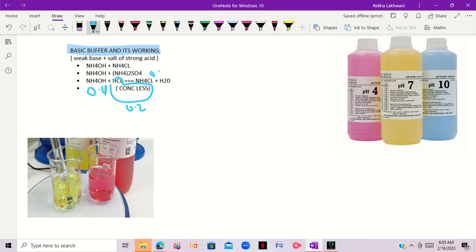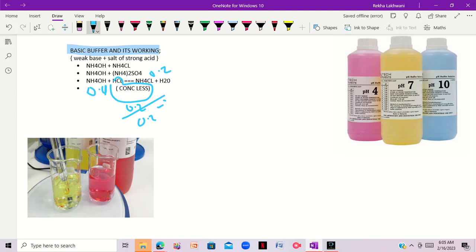When we balance them, there will be 0.2 of ammonium hydroxide left, and on this side 0.2 of ammonium chloride. So ultimately we got a weak base and a salt of a strong acid. Hope this is clear, because I've also taught you this in detail in my previous acidic video.